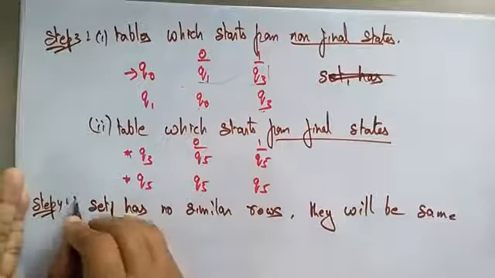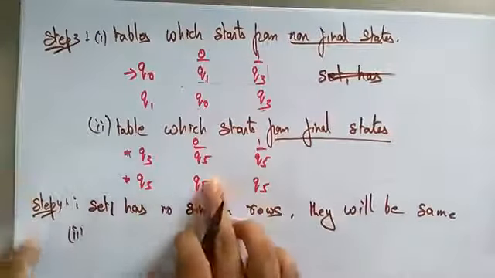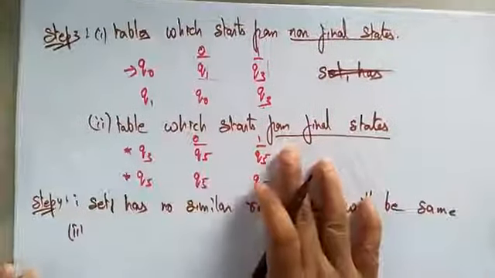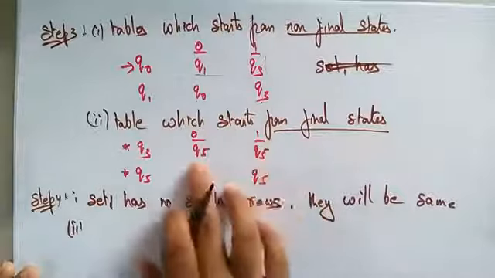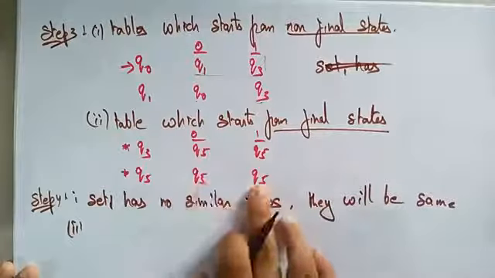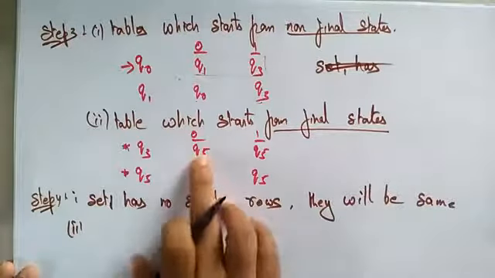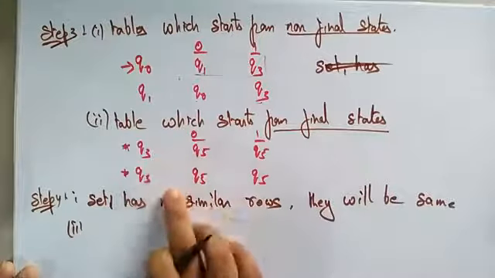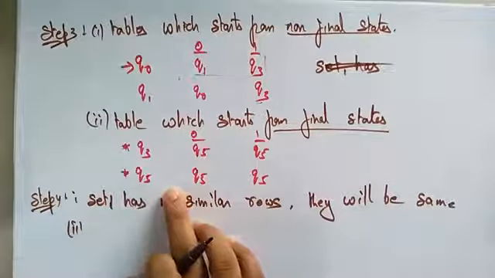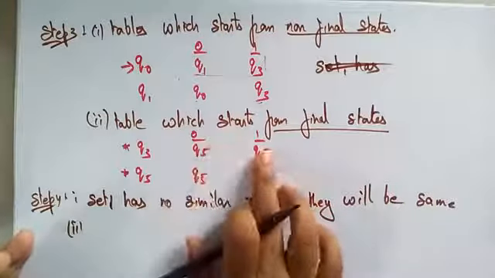Now coming to this table. This table has two rows having the same fields, Q5, Q5, Q5, Q5. So in set 2, row 1 and row 2 are similar since Q3 and Q5 transition to the same state on 0 and 1.